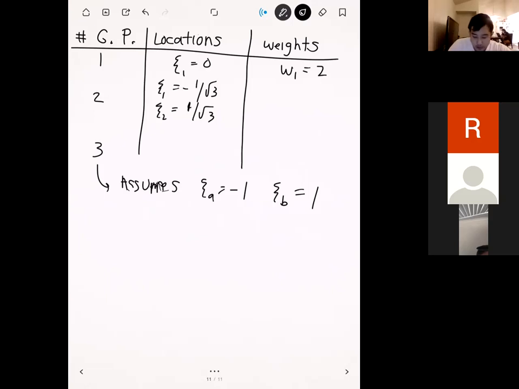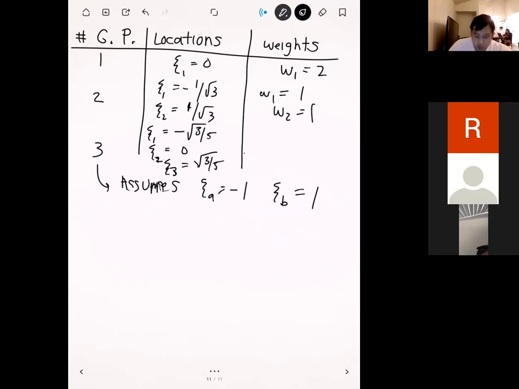If you have 2 Gauss points, then the locations are going to be -1/√3 and 1/√3. In those cases, the weights are just 1 and 1. And then for 3 Gauss points, it looks something like this.